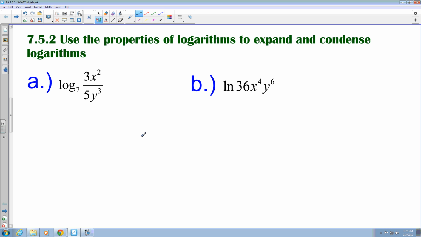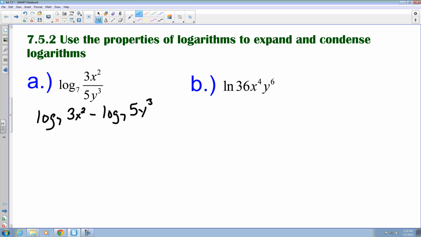So I have log base 7 of 3x squared divided by 5y cubed. Well, the first thing I'm going to do is take care of that quotient. So I'm going to rewrite this using the quotient property as log base 7 of 3x squared minus log base 7 of 5y cubed.